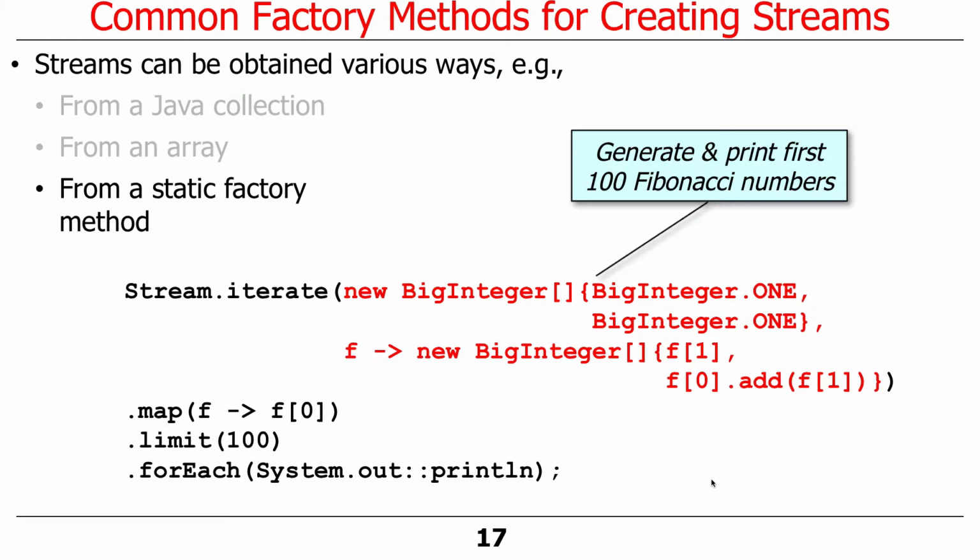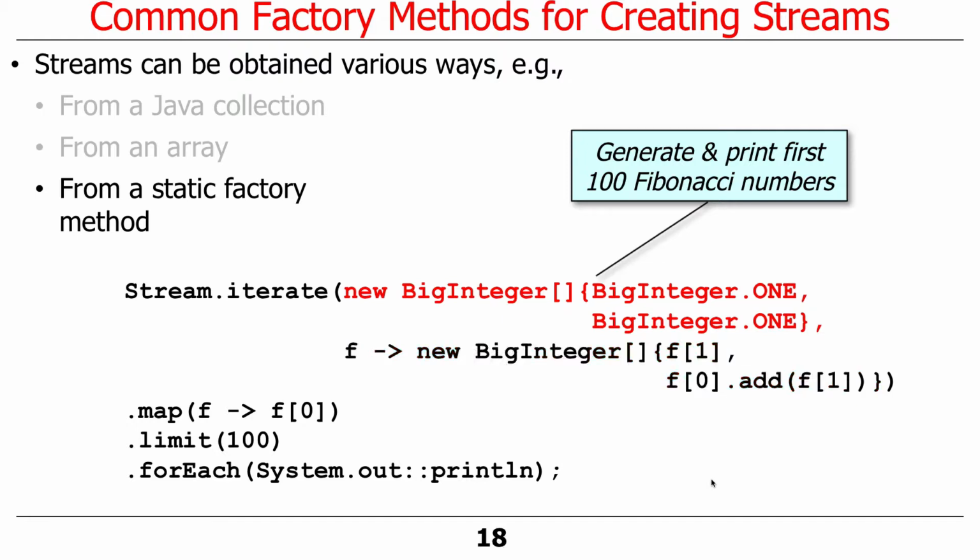This is a lambda expression. We make a new array of f sub 1, and then f sub 0 plus f sub 1. So, does anybody know what this is going to compute? The Fibonacci sequence, right? So it's going to compute Fibonacci up to 100.